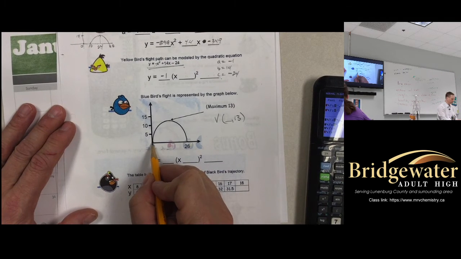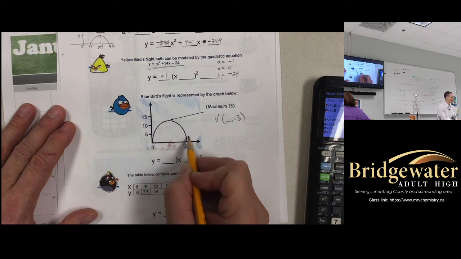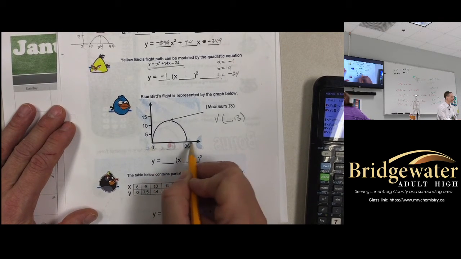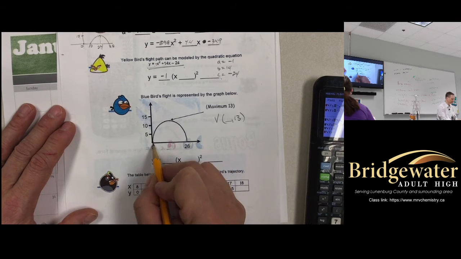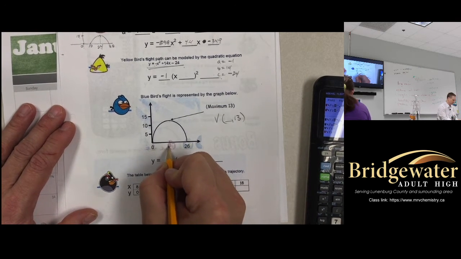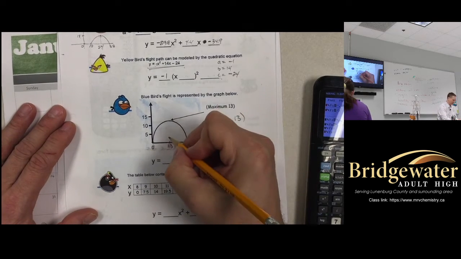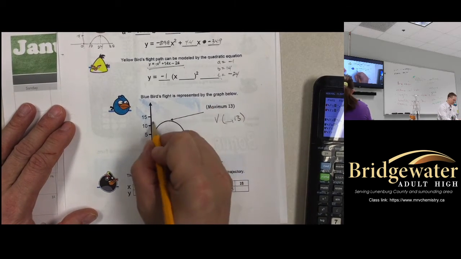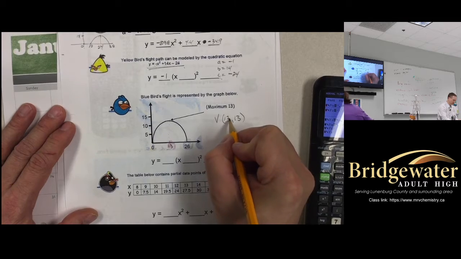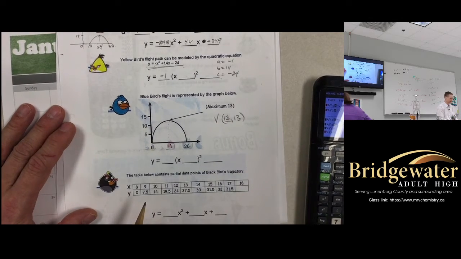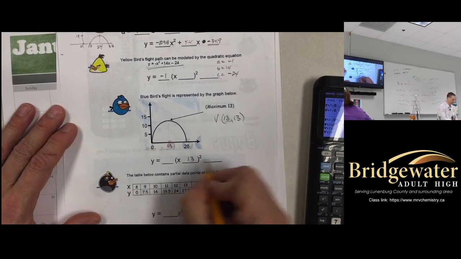The Bluebird starts on the ground at 0 and goes all the way up to 13 and then down and hits the ground again at 26 meters or feet or whatever it is here. So halfway between 0 and 26 is 13, and that means that goes up to here. So this is 13, that's 13, so we got a vertex of 13 and 13. And that's what goes into here, 13 and 13.